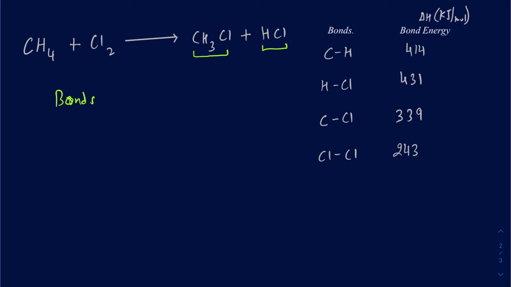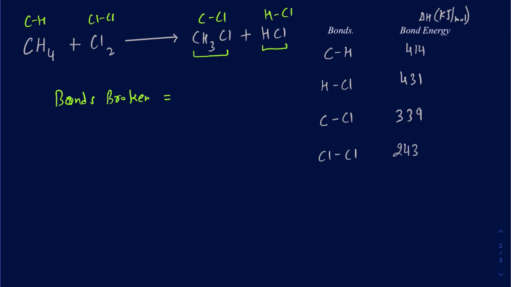So bonds broken, when I'm looking at my reactant: we have four carbon hydrogen bonds, and obviously we have a chlorine chlorine bond. And when we're looking at the products, we still have three carbon hydrogen bonds, but one new bond that's formed is carbon chlorine, and another new bond that's formed is hydrogen chlorine.